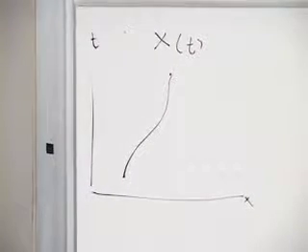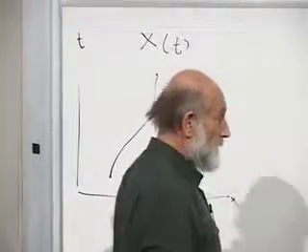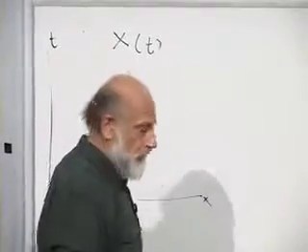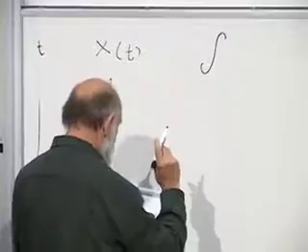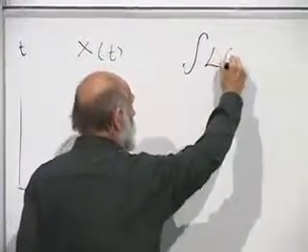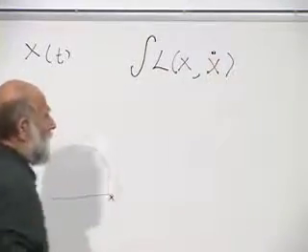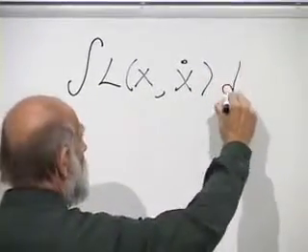The principle of least action says minimize, or at least make stationary. I'll describe what I mean by stationary in a minute. For our purposes, it can mean minimize. Minimize the action, and the action is the integral of the Lagrangian, which depends on the coordinates and the velocities. x dot stands for dx/dt, integrated with respect to time.